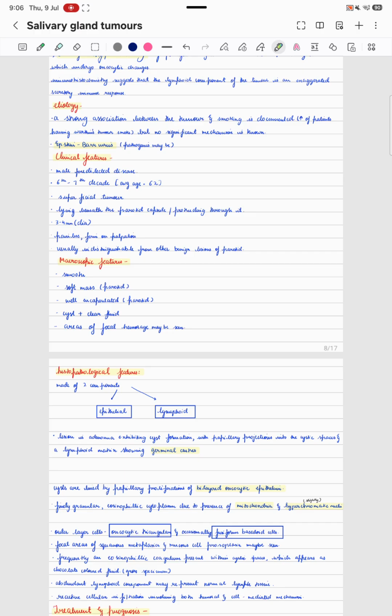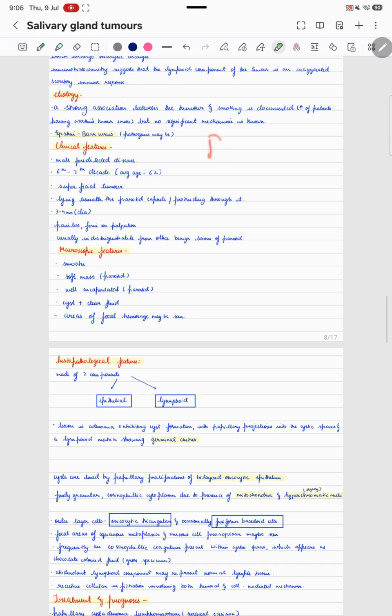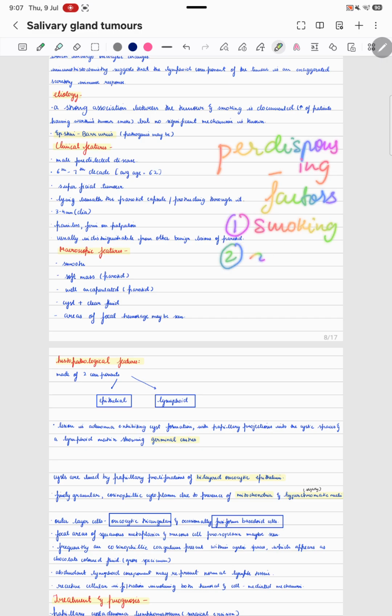Epstein-Barr virus may be a pathogenetic cause. So the predisposing factors: number 1 is smoking, number 2 is Epstein-Barr virus. These are the two possible causes.